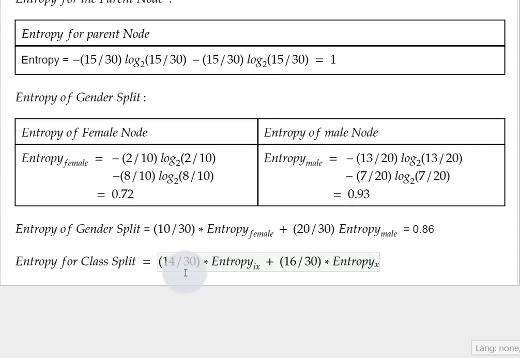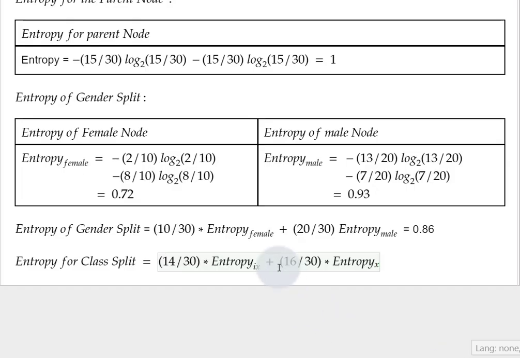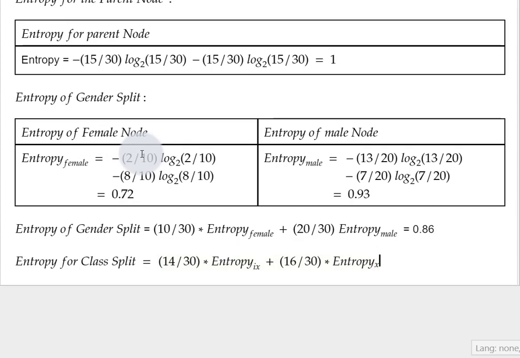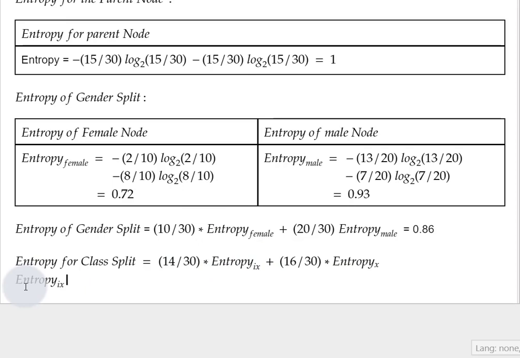Class 10, we have total 16 students over here, right? We now need to calculate the entropy value of class 9 and 10, whatever we know previously, right? So the entropy value of class 9 will be again minus, p is how many students play cricket.